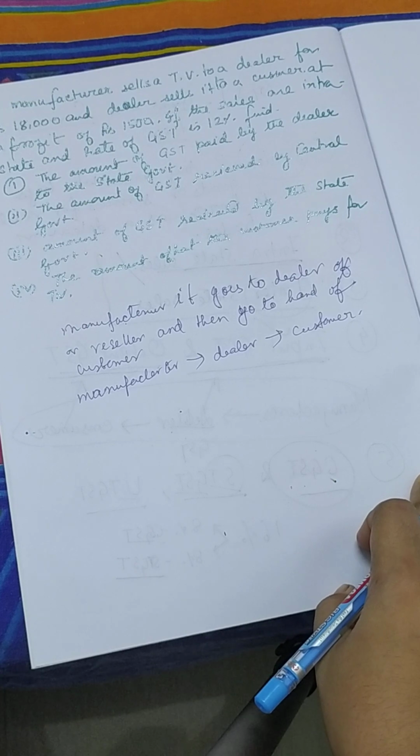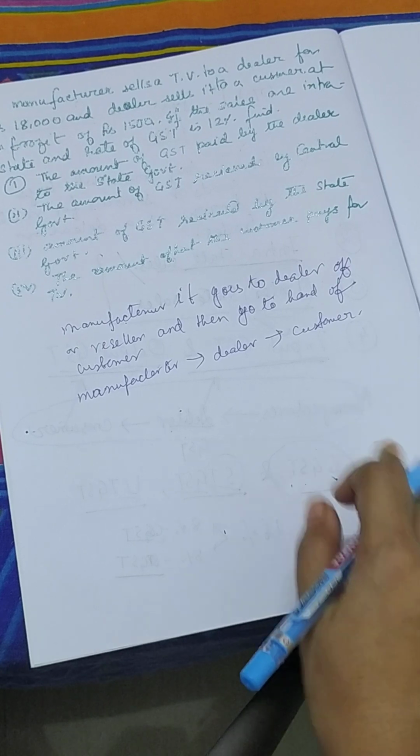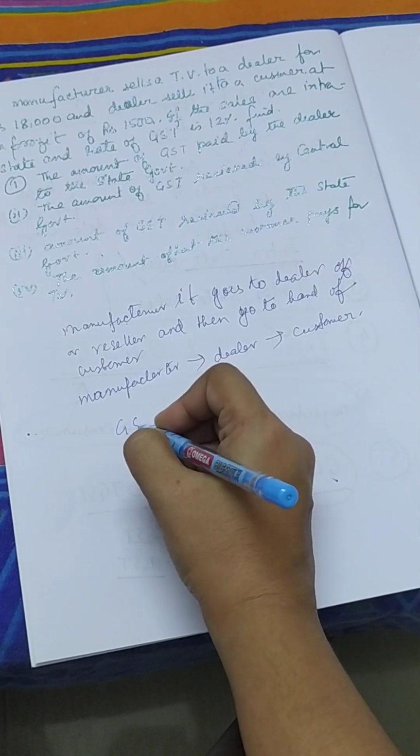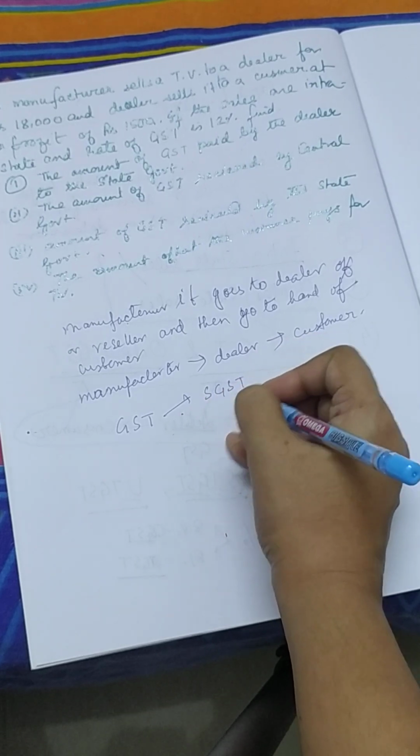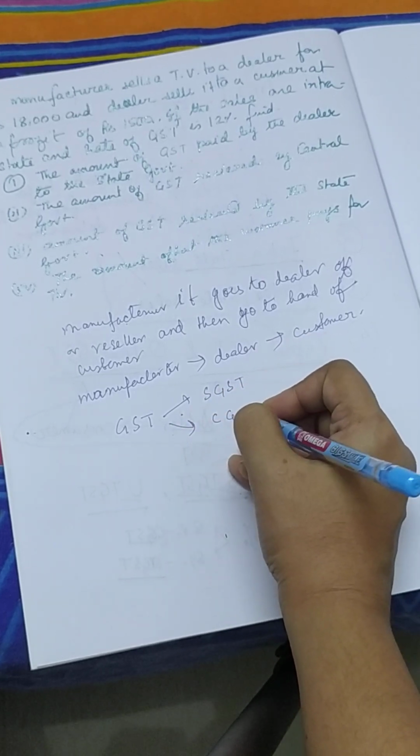You may remember my yesterday's lecture, when I told you that when it is intrastate, then the rate of GST is divided into two parts. One is SGST, another is CGST.